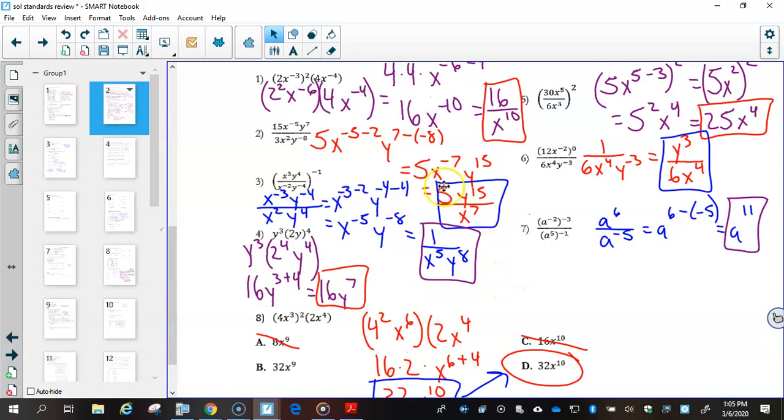Three was 1 over x to the 5th, y to the 8th. 4 was 16 y to the 7th. What is 2? So what are you getting? What is 2's final answer? 2's final answer is 5y to the 15th over x to the 7th.